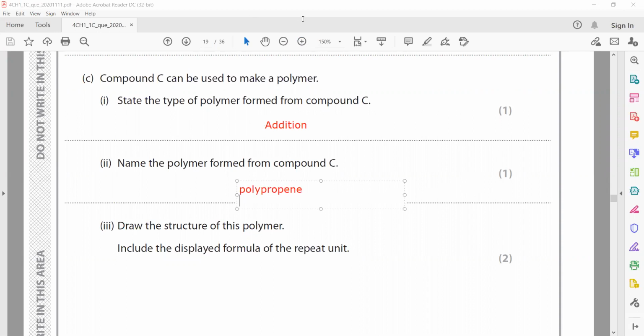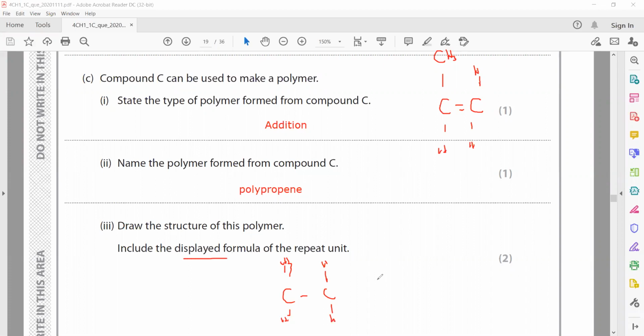Then draw the structure of polypropene. First, you will rearrange the structure of the monomer, because the monomer is propene, so C double bonded with C. I will put one carbon up, then hydrogen, hydrogen, and hydrogen. So this is propene. This is a monomer. To draw a polymer, I will draw the same structure, but without a double bond, and I will repeat the units.